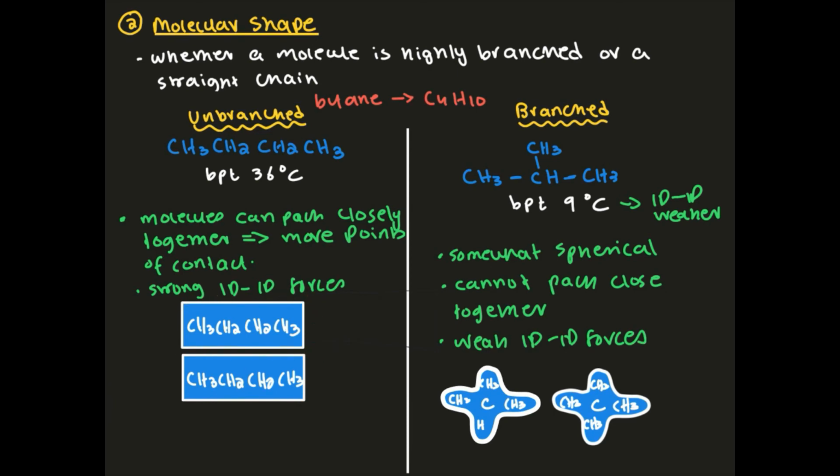If you look at these two molecules over here, which are straight chain molecules, there's going to be more points of contact, which is why the forces are going to be stronger, as opposed to a branched molecule in which the molecules are going to be somewhat spherical, so it's going to be difficult for them to pack close to each other, and because of that there's going to be fewer points of contact. As you can see, it's difficult for these two molecules to pack close together compared to these two molecules. So the forces of attraction are going to be stronger in an unbranched molecule than in a branched molecule. So this is the second factor that affects the strength of the Id-Id forces.